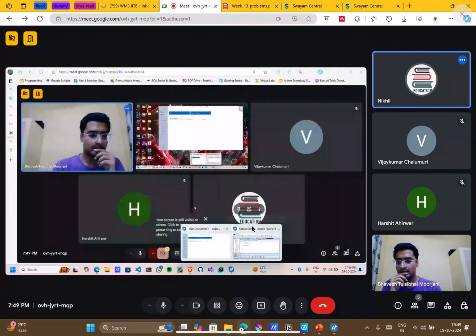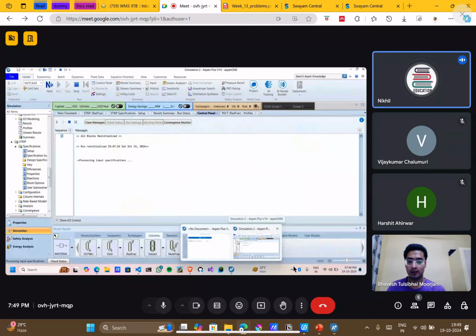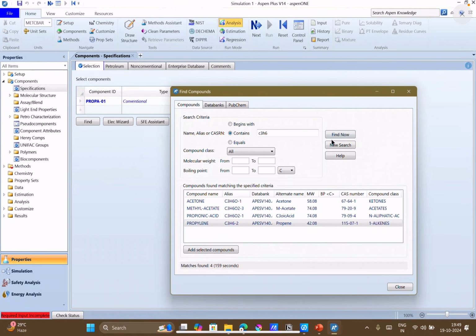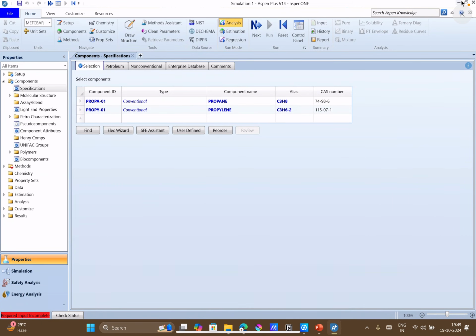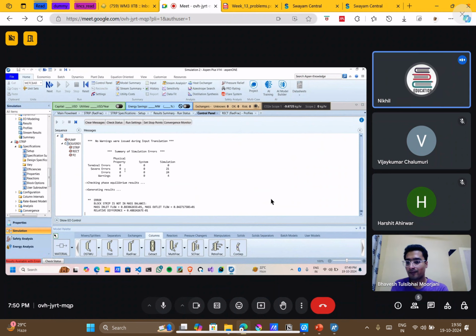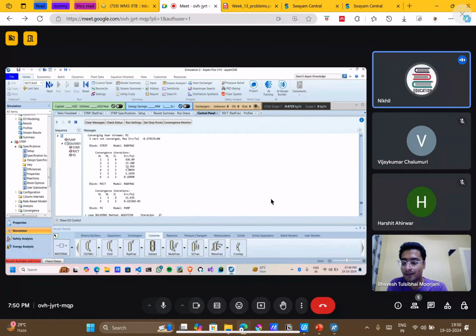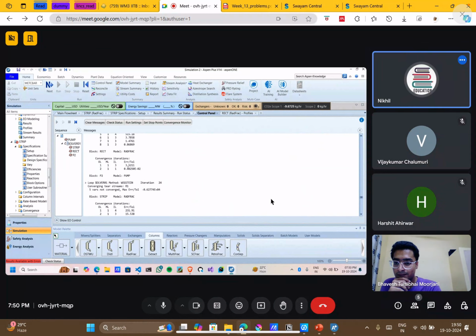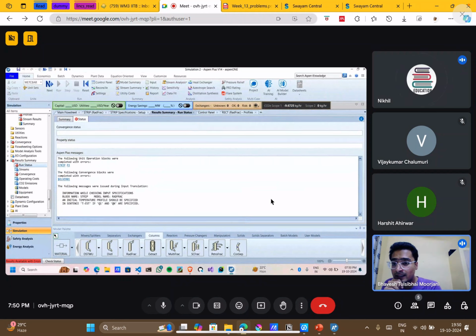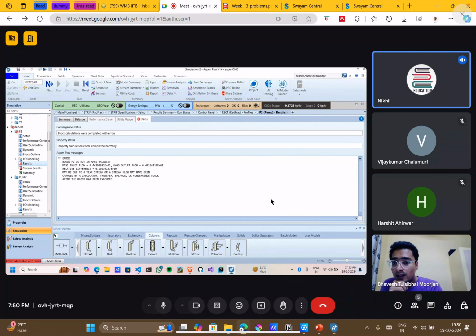Has it completed? No. Anyway, let me close this. It's calculating. It's still giving an error. What are the errors? Check the status. The block B2 is not in mass balance.